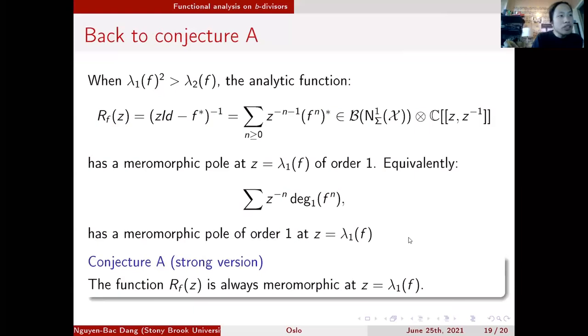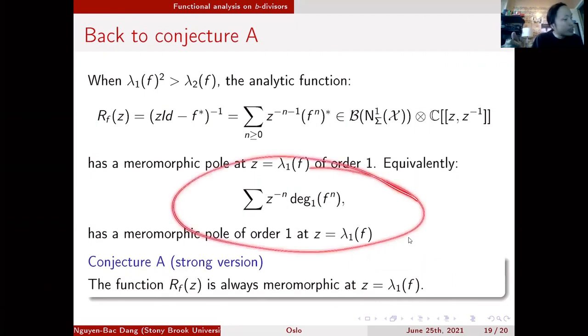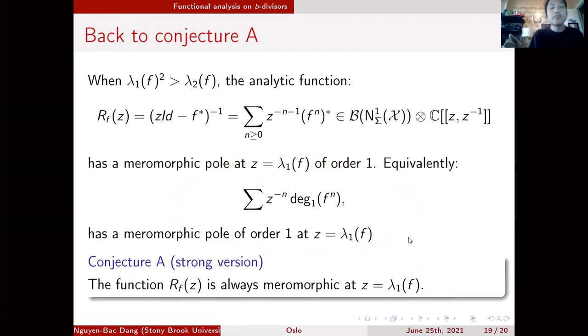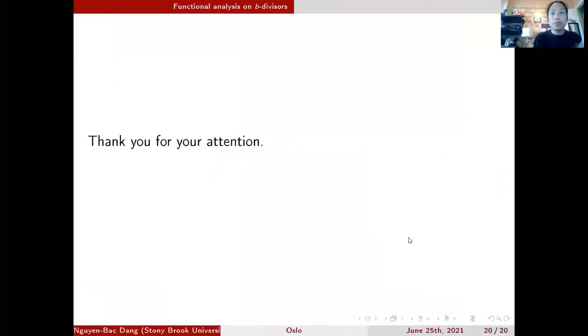One stronger version of this conjecture would be to show that in general this resolvent operator always has a meromorphic pole at z equals lambda1 of x, and then one would deduce that the sequence of degrees would not grow faster than polynomial times exponential, where the polynomial term comes from the order of this meromorphic pole. And so that's what I wanted to say today about this problem.